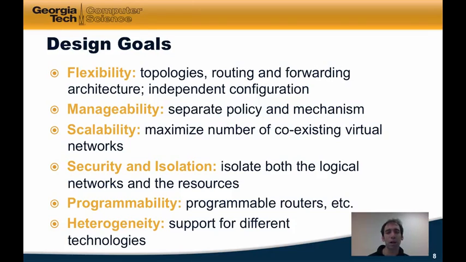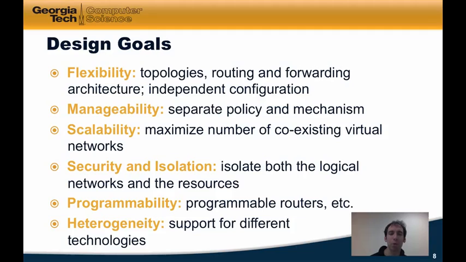Network virtualization technology should also isolate both the logical networks that are running on top of the shared physical substrate as well as the resources, to ensure that no single virtual network can take more than its fair share of the underlying physical resources or otherwise interfere with resource allocations of other virtual networks.